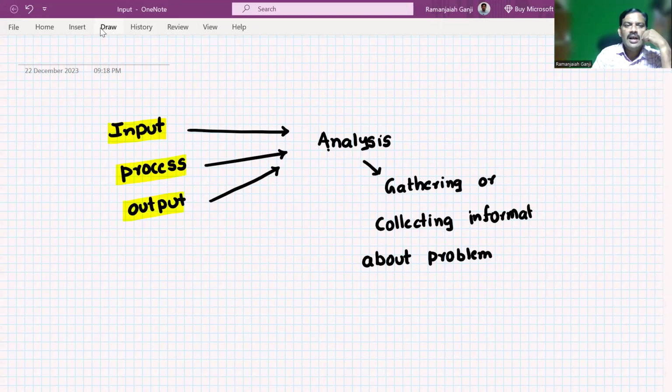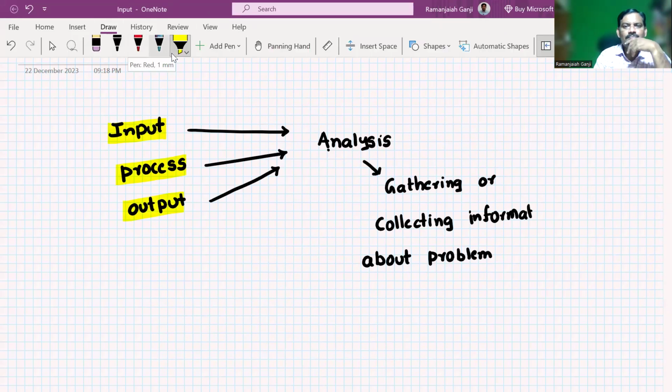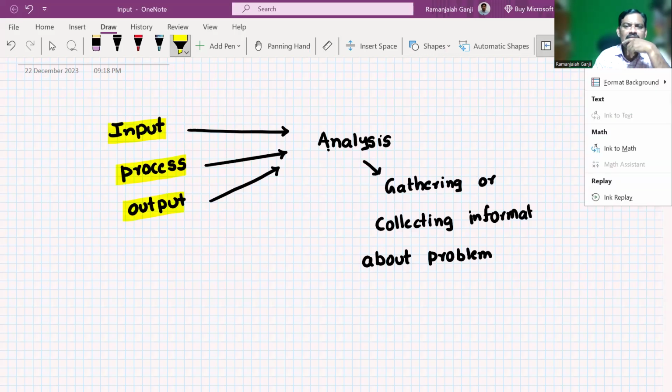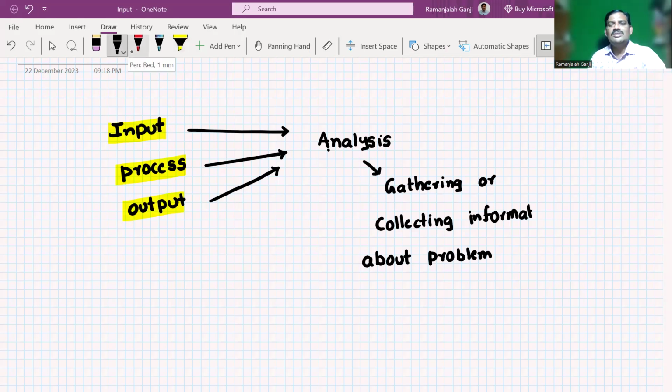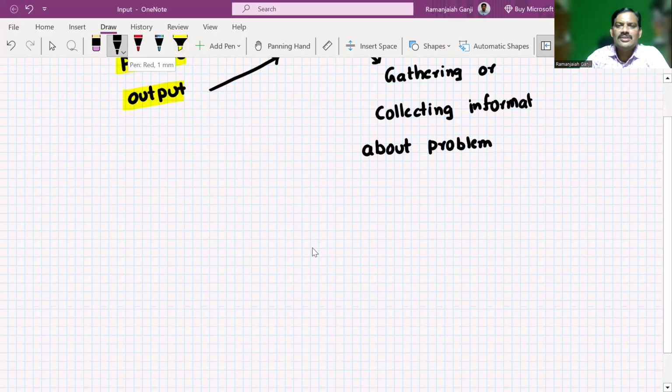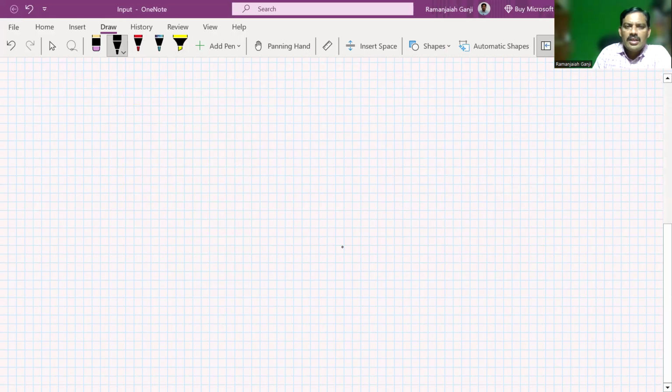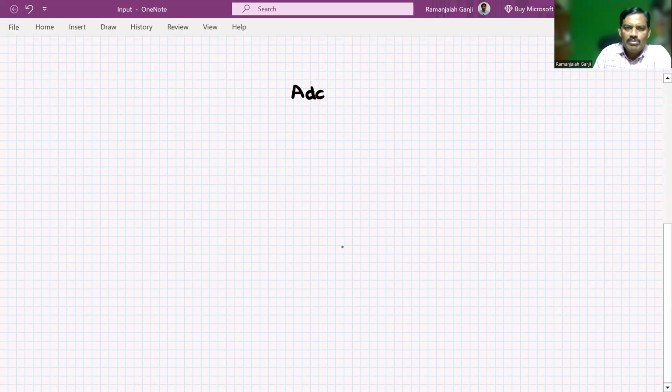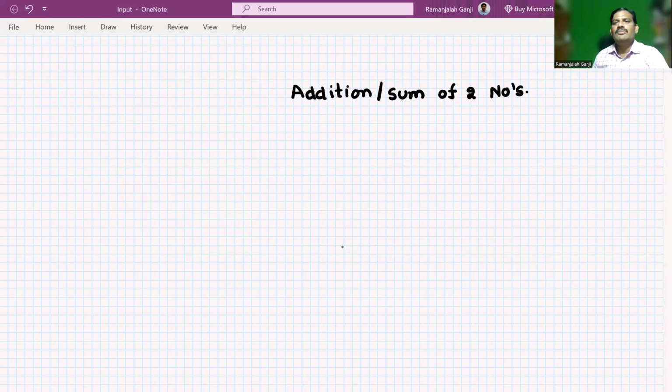For example, I want to write a program, or I want to solve a problem in terms of addition of two numbers. Your problem is addition or sum of two numbers.